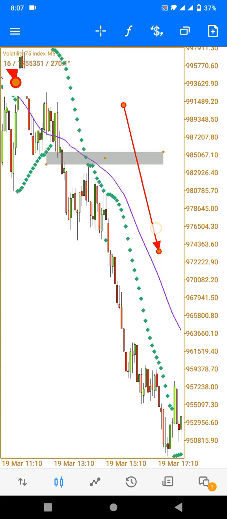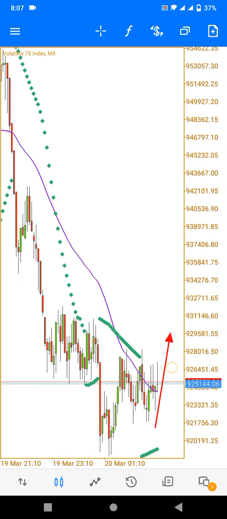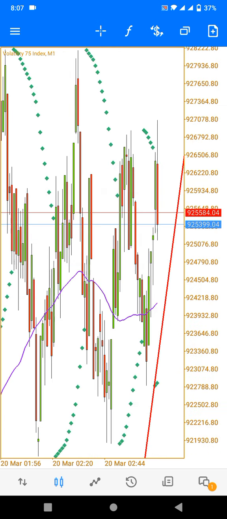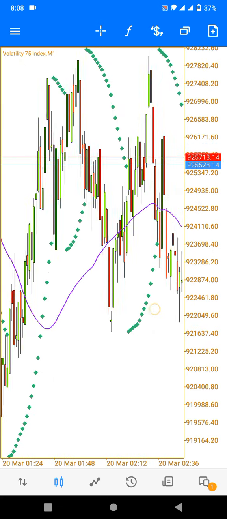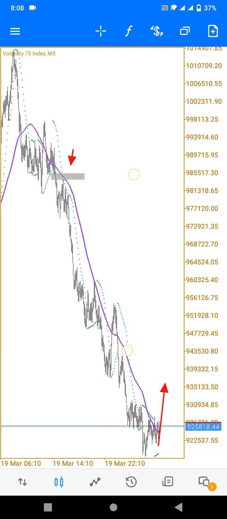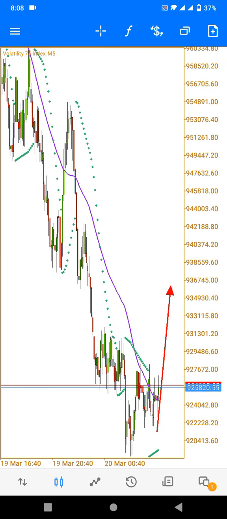It means the sell started. And for buy, I already showed up here. This is the buy signal. For confirmation, go to M1 and check if it is buy or sell. This is also showing buy. Okay, you can minimize and check. Use support and resistance with this strategy, and this strategy is going to help you.